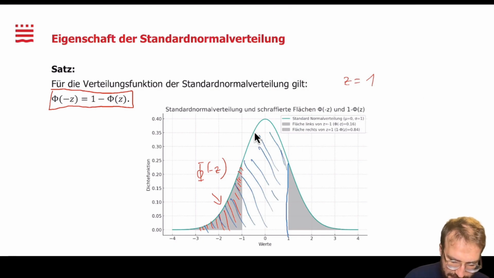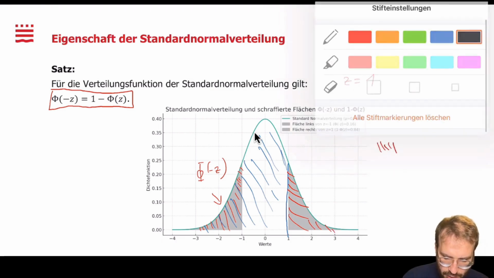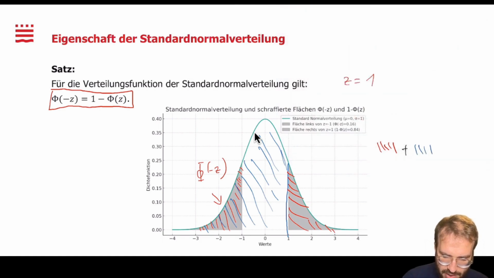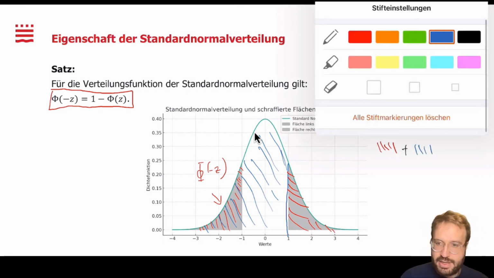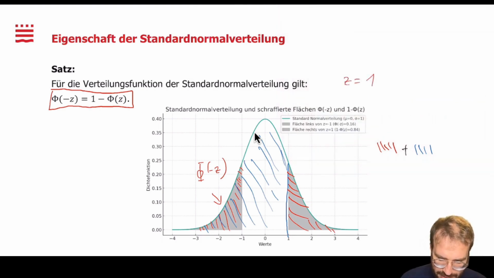And what we see is that phi of z plus phi of minus z is equal to 1. Because this red area here, we can see that again due to the symmetry, plus the blue area is the total area, and the total area is equal to 1 because it's a probability density.